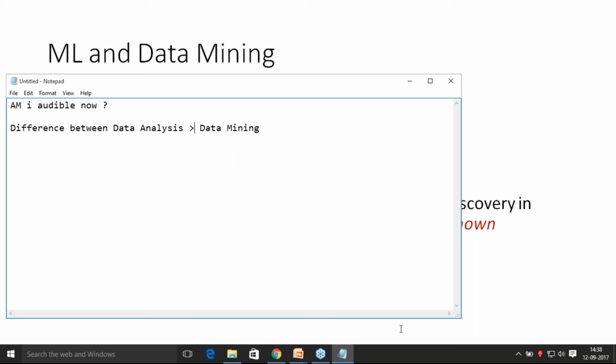like the way we humans predict. For example, we analyze a lot of investment opportunities. We do a lot of analysis before investing in mutual funds, and then we come to a decision that yes, this mutual fund will be the best for me.